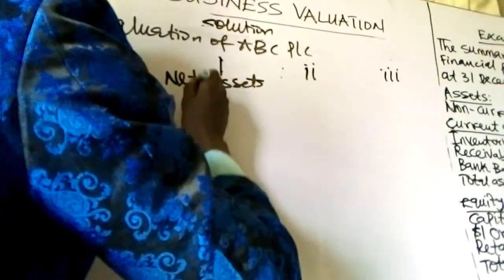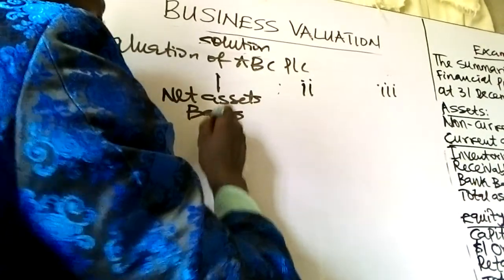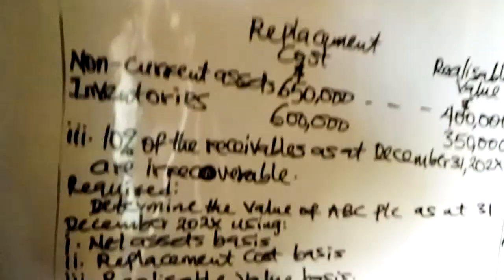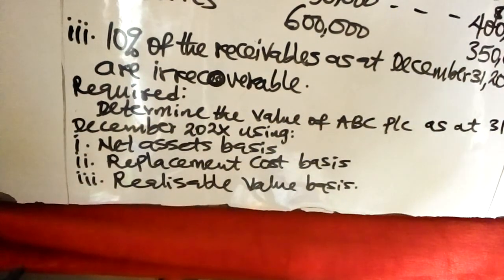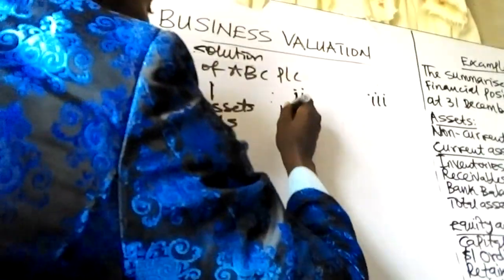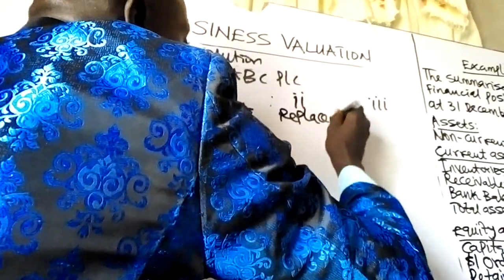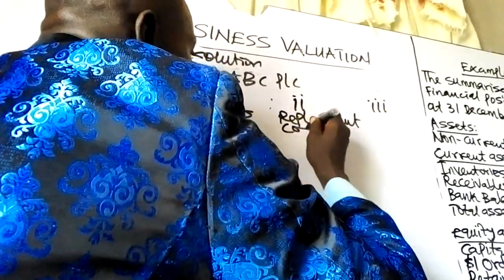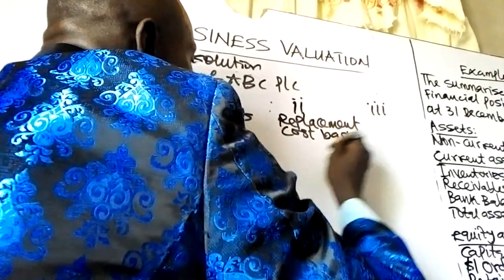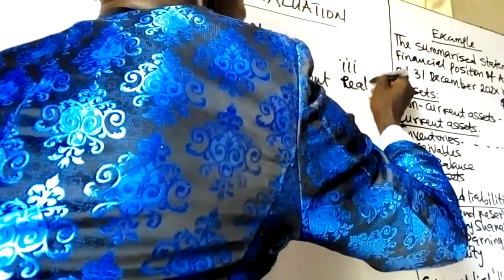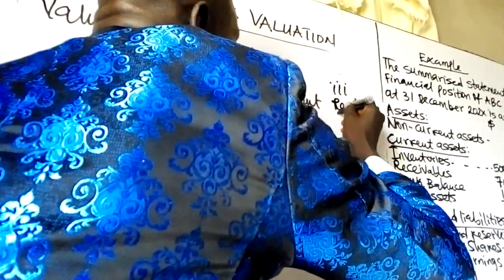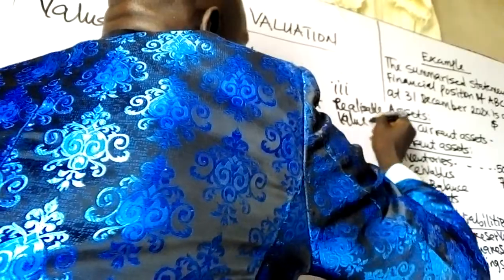The currency is in dollar. 2, you have to use replacement cost basis. The currency is dollar. The third one is realizable value basis.